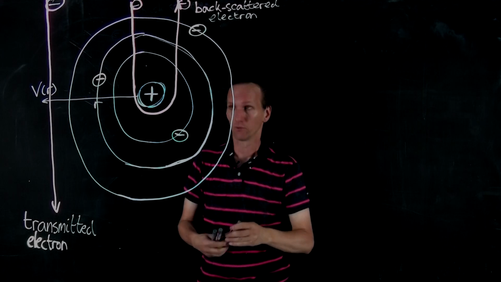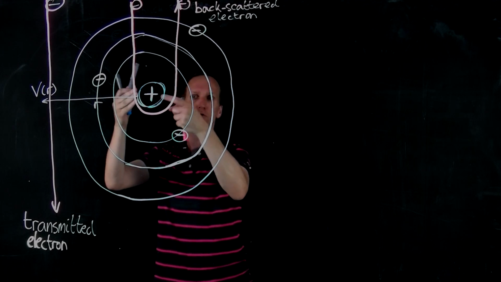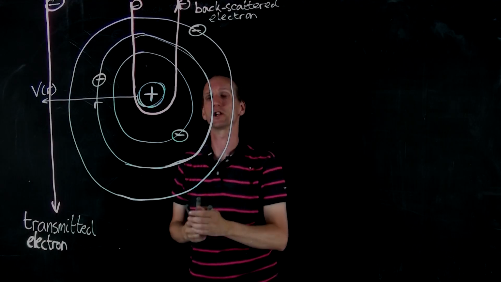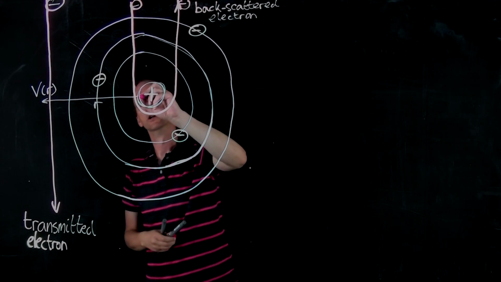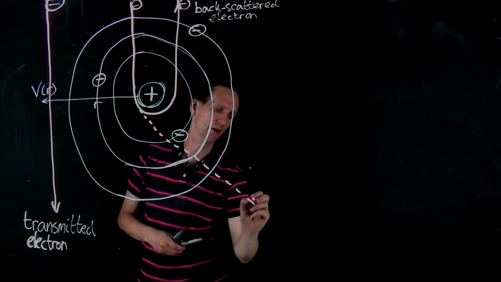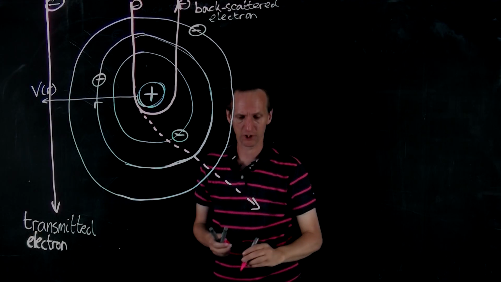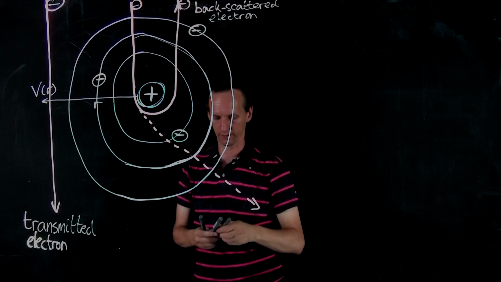Of course, the deflection is dependent on the distance to the nucleus, the strength of the attraction here, and the energy of the incoming electron. So it may also be that the electron is deflected, say, in this direction, in which case we have a forward scattered electron.